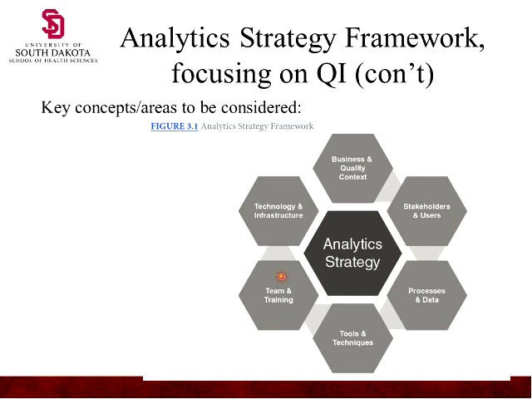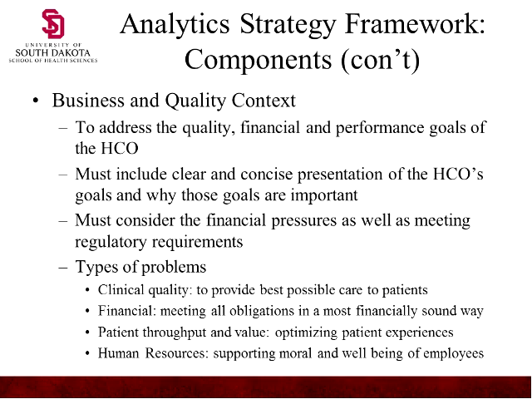Have to identify team and training. I can't tell you how many times we put something in place, but we don't really look at the training that we need to bring our users up to date so you can use the new technology or the new process. And then technology infrastructure, how we're going to buy it, what's the best way to buy it. Sometimes you lease equipment, sometimes you buy equipment, and there's reasons to do both. Again, you're looking at return on investment or money, how much money it costs you. So all of this sort of adds up, and you need to look at all of that.